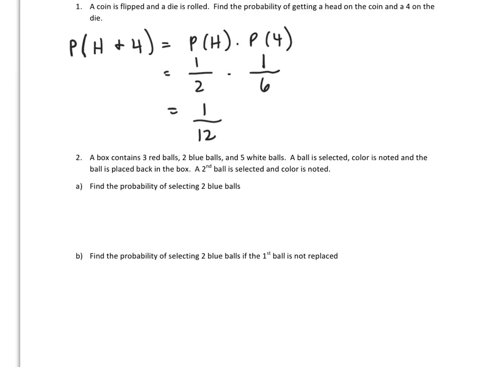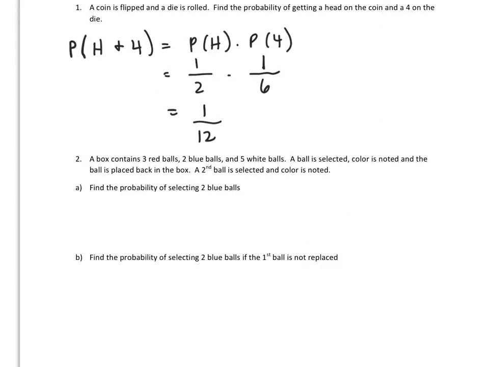All right, number 2. A box contains 3 red, 2 blue, and 5 white. A ball is selected, the color is noted, and the ball is placed back in the box. Okay, this is going to be independent events because you're putting that ball back.